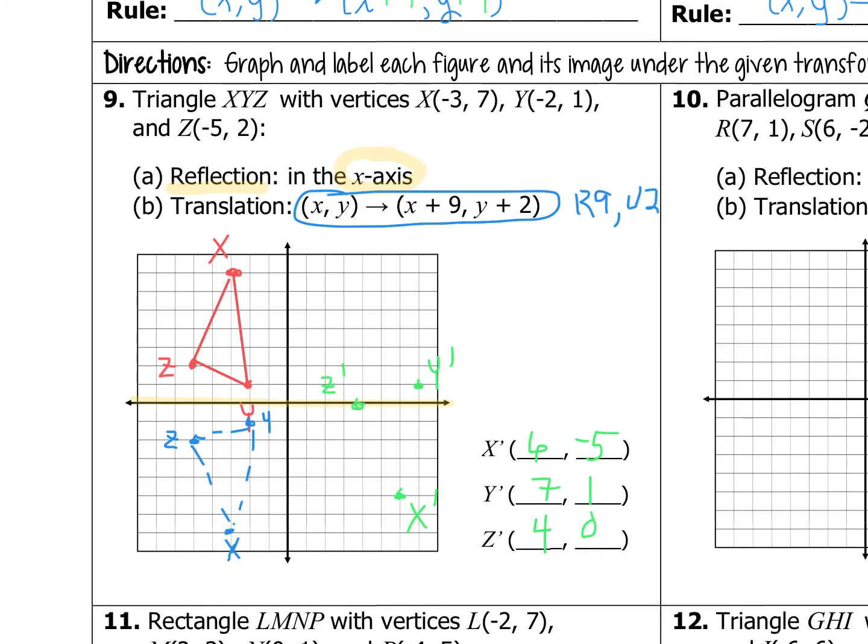Now connect with a straight edge. And this is where it's going to be nice to actually shade in the figure, because not only do we have the primes on there, but if I shade it in, then it's pretty clear that that's going to be the answer that we want. All right, that's it. So that's multiple transformations at once.